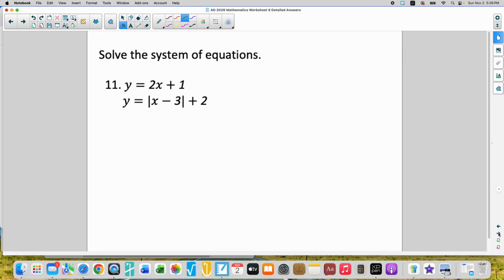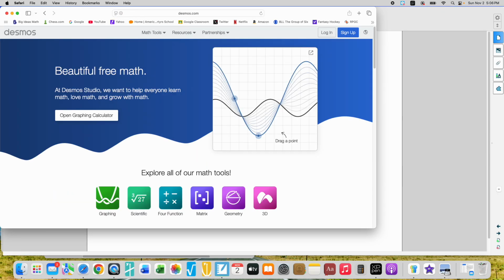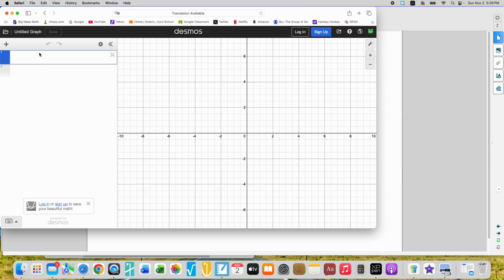Solve the system of equations. We can substitute it in and solve it. We can use substitution, we can do addition or subtraction, and we could also graph both of these. That was the cool thing. So let me show you this in Desmos. Here's a neat technique.